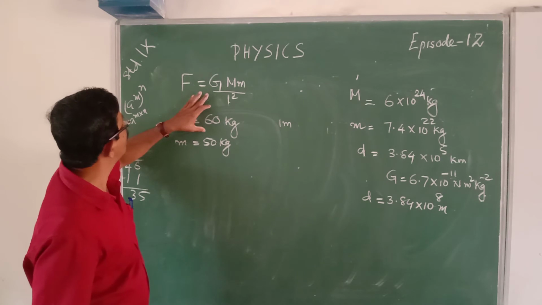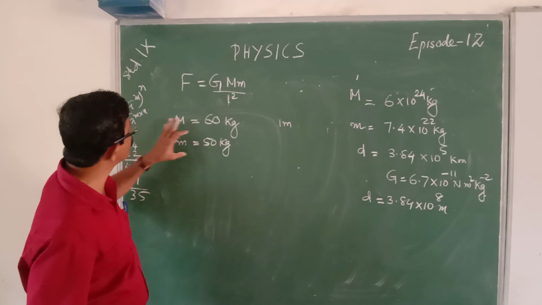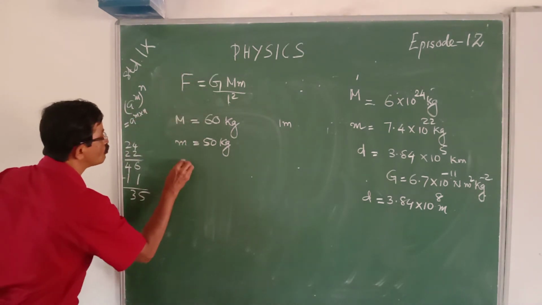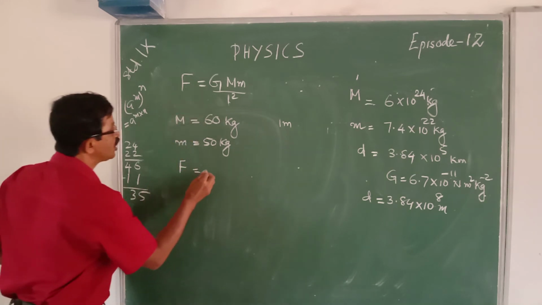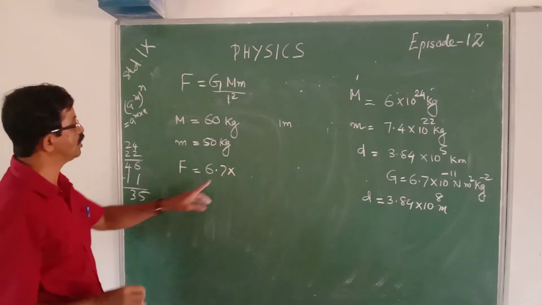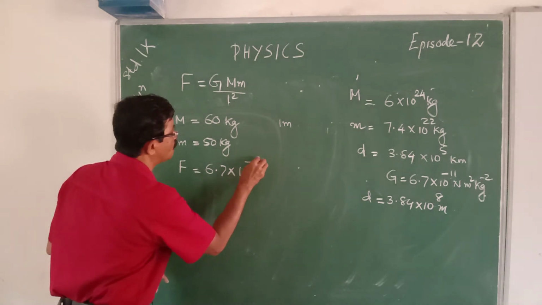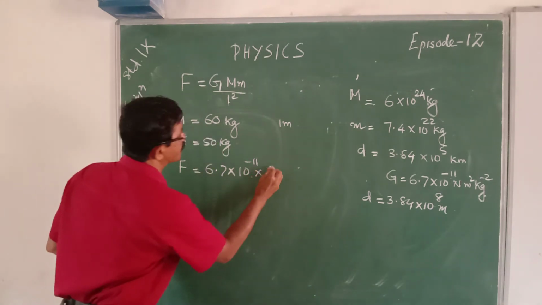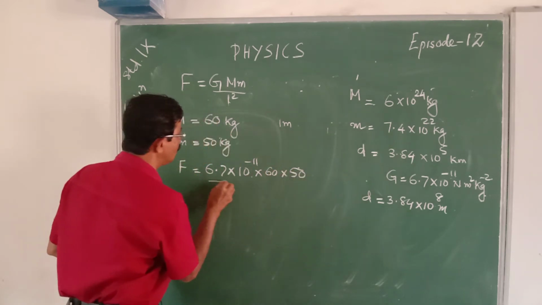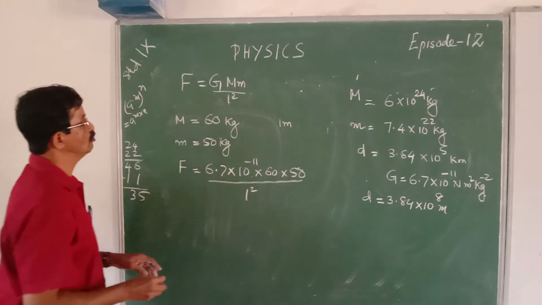Now we can calculate how much force is acting between you. Suppose one of you has a mass of 60 and another 50 kg. Now F is equal to G, 6.7, the value we took from the previous problem. That is 6.7 into 10 raised to minus 11 into 60 into 50, divided by the distance between you, 1 meter, so 1 squared.